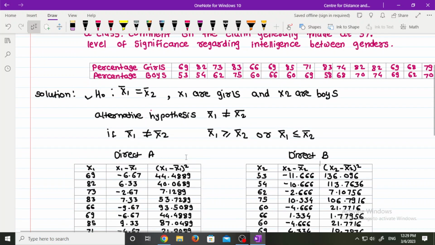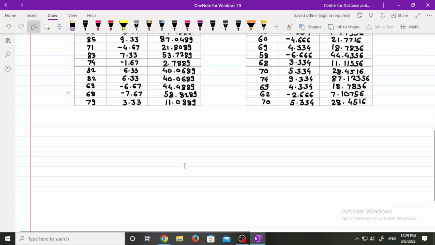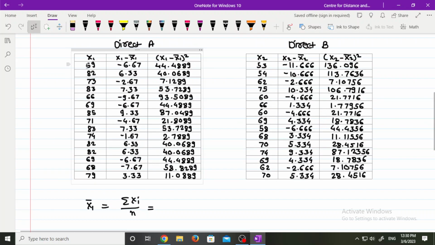Then in the next column, we have to find x1 bar, that is the summation of xi divided by n, that is the sum of this column: 69 plus 82 plus 73 plus 83 plus 66 plus 69 plus 85 plus 71 plus 83 plus 74 plus 82 plus 82 plus 69 plus 68 plus 79, and this sum is 1135.